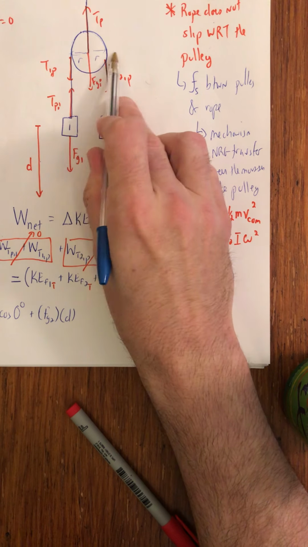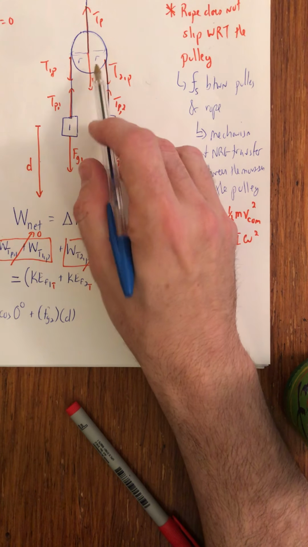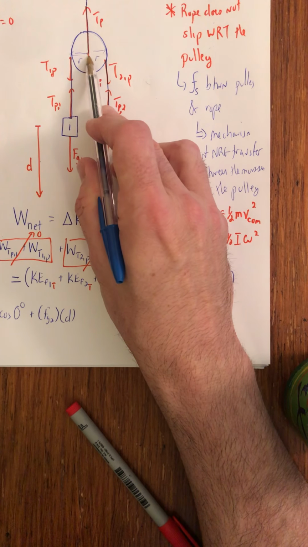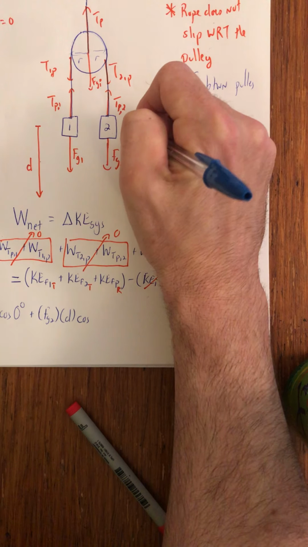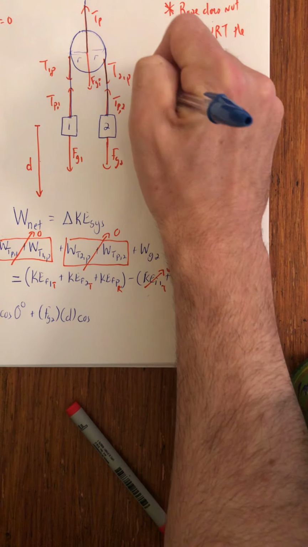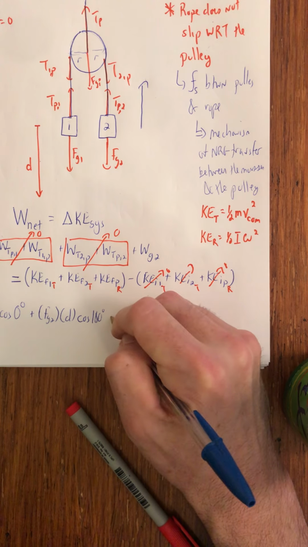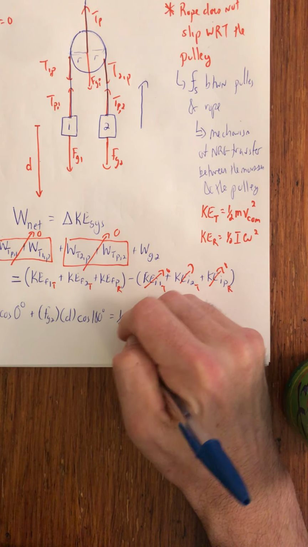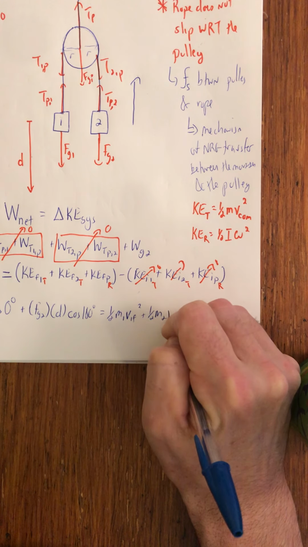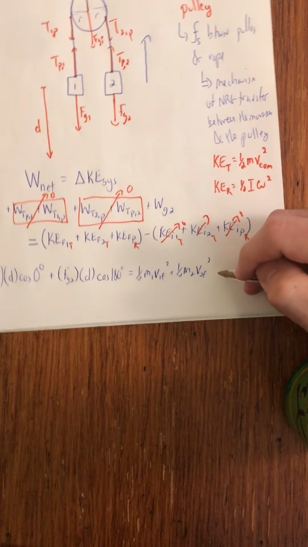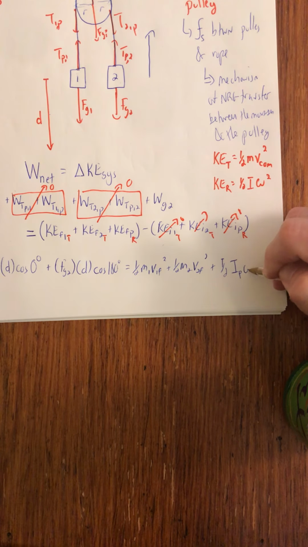As long as these two ropes are the same rope and attached at the same radius, that makes our lives a lot easier. You might ask when that does not happen; we'll see that in a different problem. This one is cosine of 180, since that's the direction d goes relative to FG2. And that equals 1/2 m1 v1 final squared plus 1/2 m2 v2 final squared, plus 1/2 I of the pulley, omega squared.